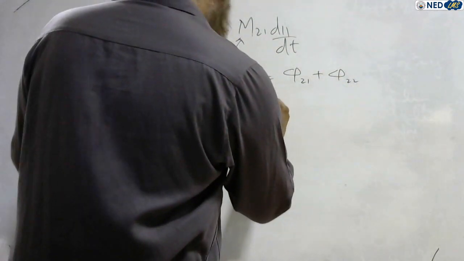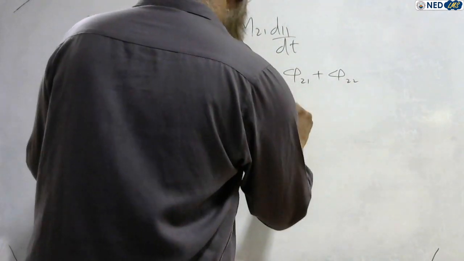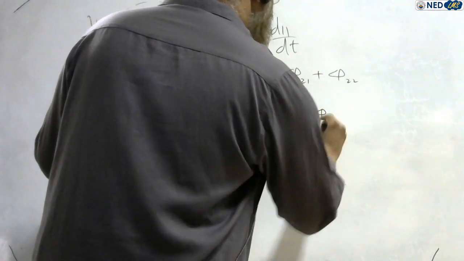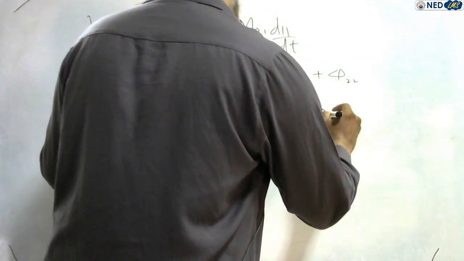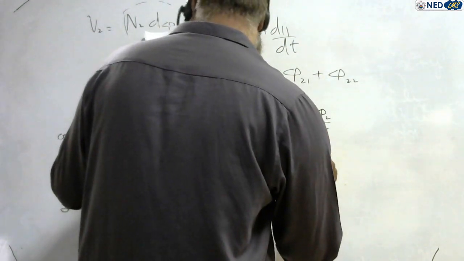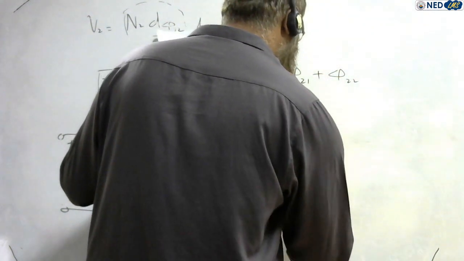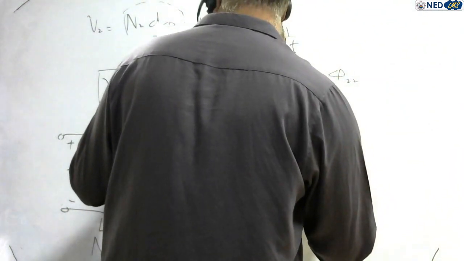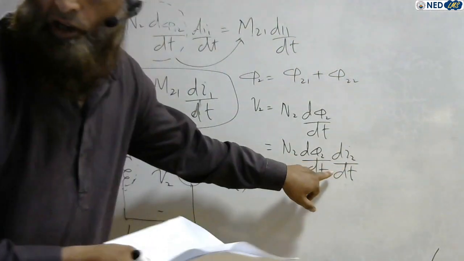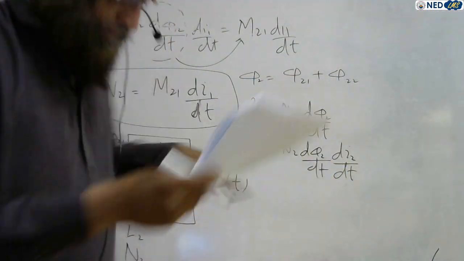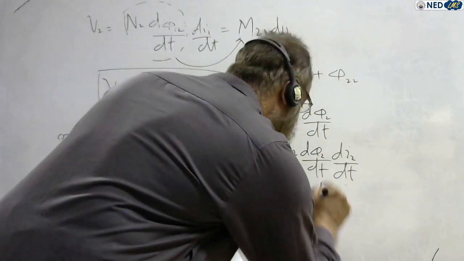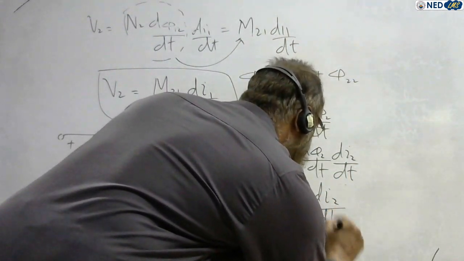So the voltage induced in coil 2 is nothing but number of turns on coil 2 and number of flux lines on coil 2. So we can write like this, that is N2 d phi 2 by dt, and this voltage is induced due to secondary current, that is I2. So finally it becomes L2 times di2 by dt.